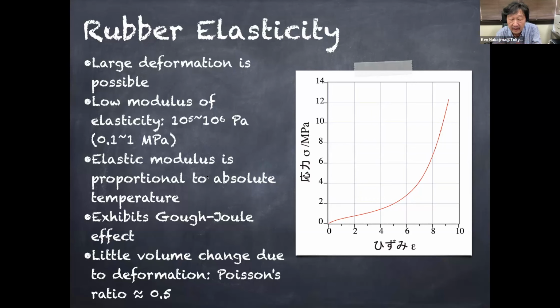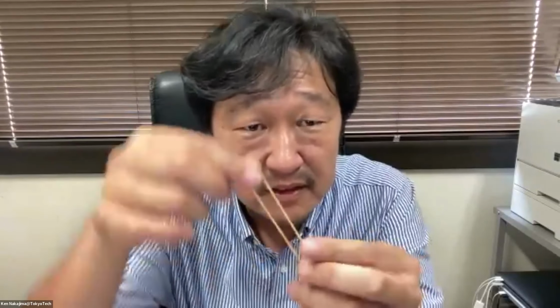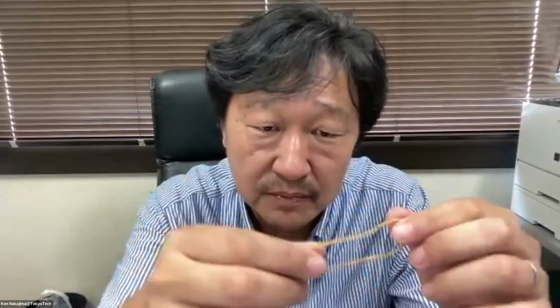And finally, we don't see so much volume change upon stretch when you stretch a rubber band. No need, maybe, but I'll just show you. Please have a look at the size, the diameter, of this rubber band.